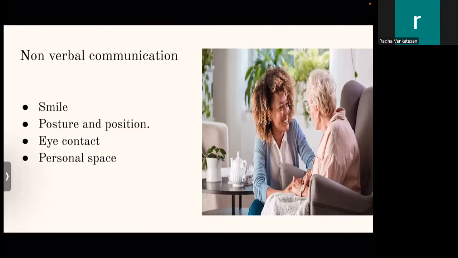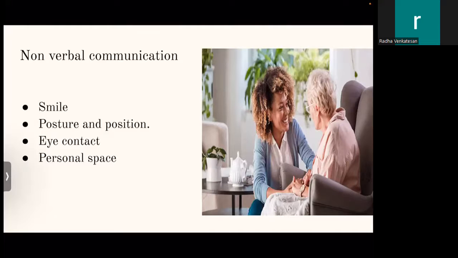Next comes posture and position. This also has an important role, especially when you're seeing a patient or family. This means being at level with the patient. If you see this picture, the nurse or the carer and the patient are at the same level. If you're at the same level, it gives confidence and comfort.